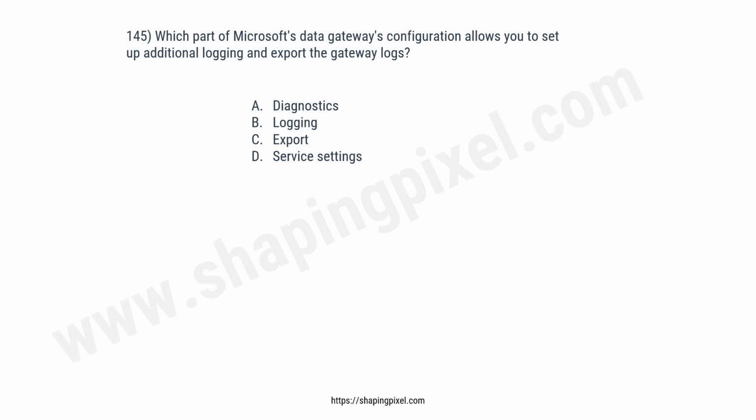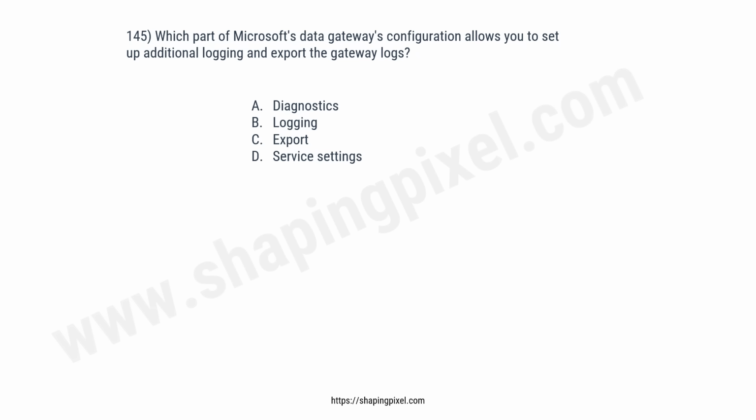Question number 145. Which part of Microsoft's data gateway configuration allows you to set up additional logging and export the gateway logs? And we have four options. Option A, diagnostics. Option B, logging, export, service settings.